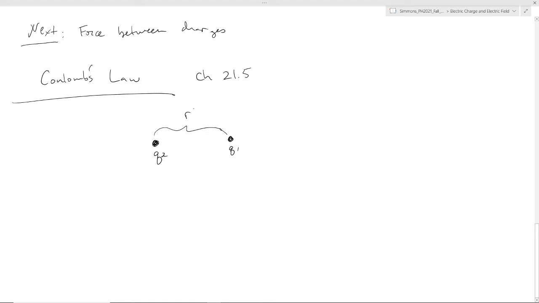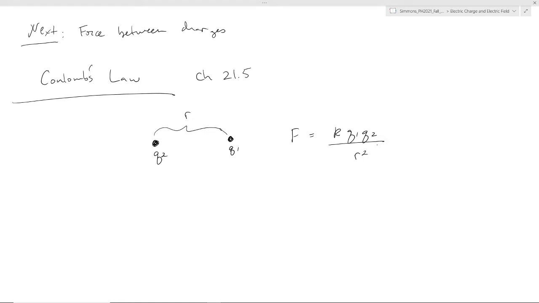The force between these two charges is going to be given by the following. This is Coulomb's law. It's going to be proportional, so this is a constant, times the product of the two charges divided by the square of the distance between them.